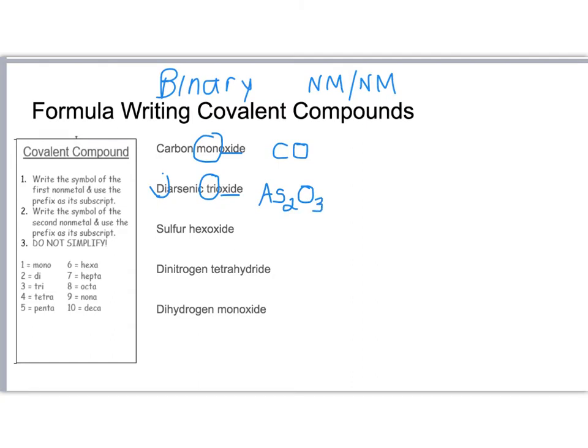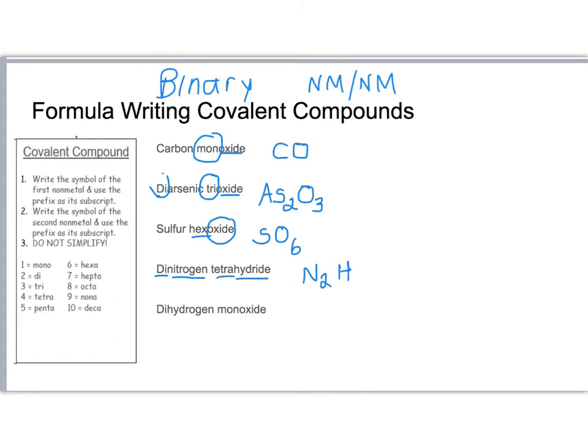In our next example, we have sulfur, which is S. And then we have oxide again, which is O. The hexa means that there are 6 of them. In our next example, we see a prefix of di on the element name nitrogen. So I know that nitrogen symbol is N. Di represents 2. Hydride would be the nonmetal hydrogen.